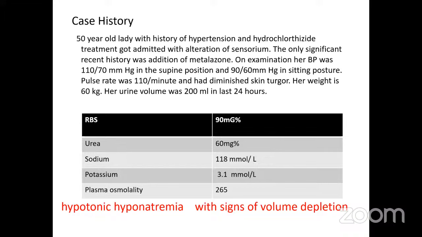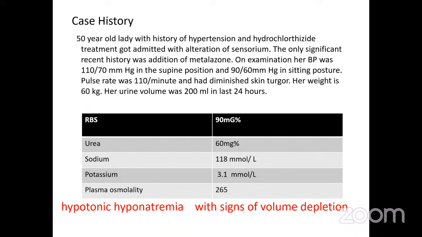Now let us see the fourth patient we had. This is the story of a 50-year-old lady with a history of hypertension on hydrochlorothiazide. She got admitted with alteration of sensorium. The only significant recent history was she was taking metolazone recently. On examination, her blood pressure was 110/70 with a postural fall to 90/60 in the sitting posture.